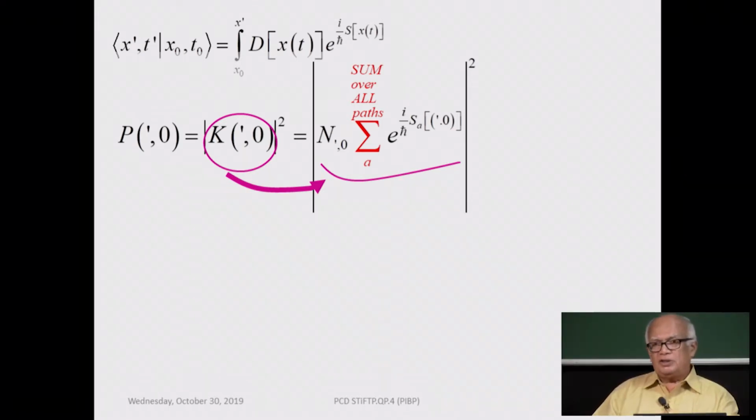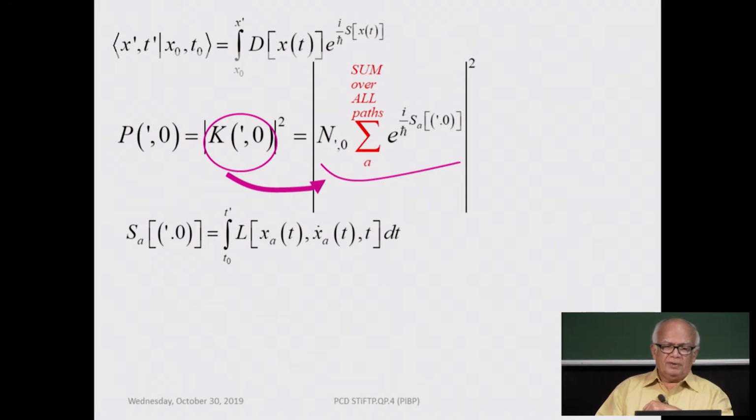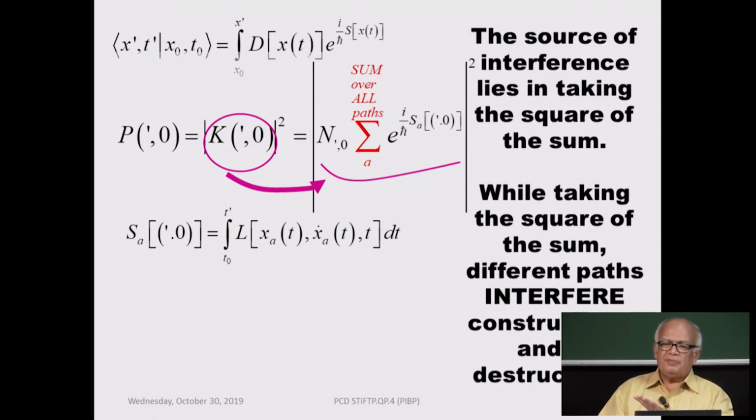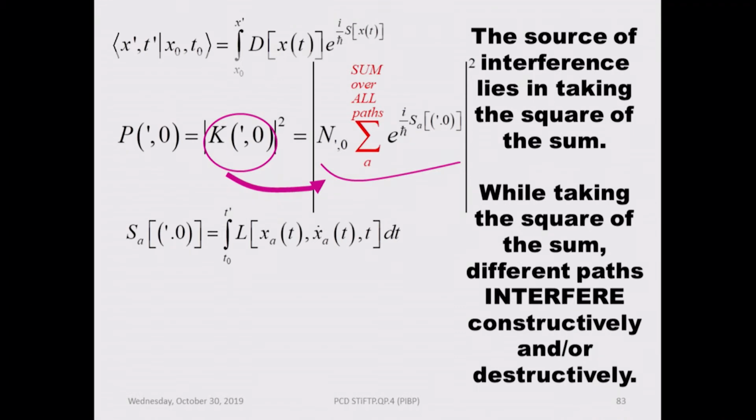Each path contributes some constant times e to the i theta, right, and whether the e to the i thetas of all they superpose constructively or destructively is what will determine the resulting probability, and the action is obtained exactly the same way as we did in classical mechanics, but the quantum interference from alternative possibilities is resulting from this phase, okay, because the probability is then given by the square of the amplitude or the amplitude multiplied by its complex conjugate, right.